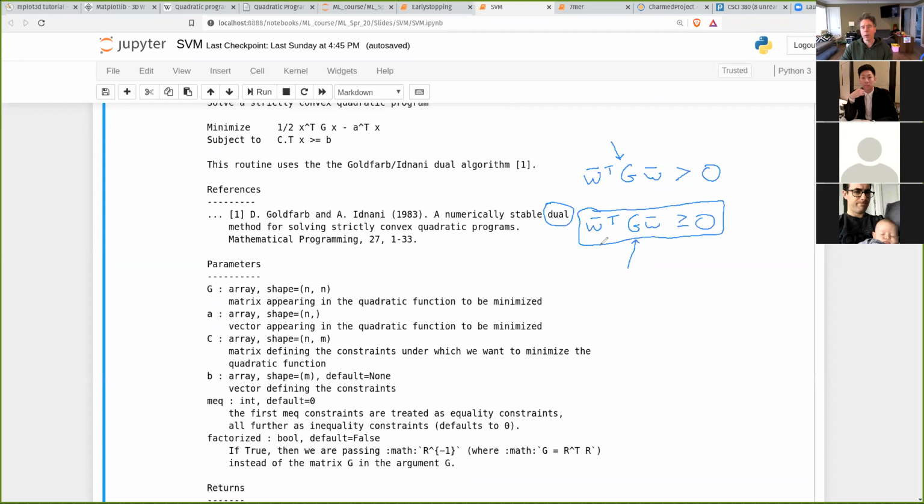When you have a convex optimization function, the dual also has the same solutions as the original, which is an important fact for support vector machines, which we'll talk about later. Anyway, the long and short of this is that if you just type in G the way I described it above, this stupid thing will tell you that G is not positive definite. So how do you fix that?